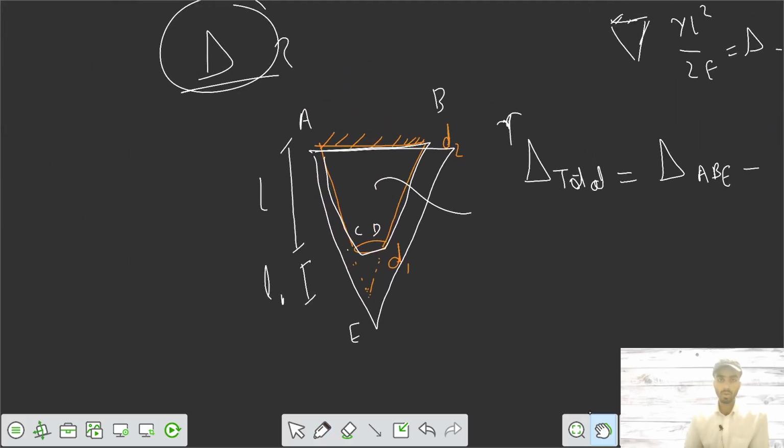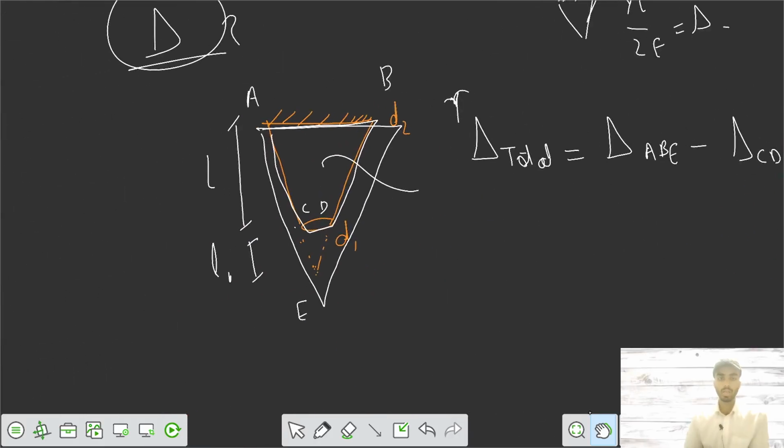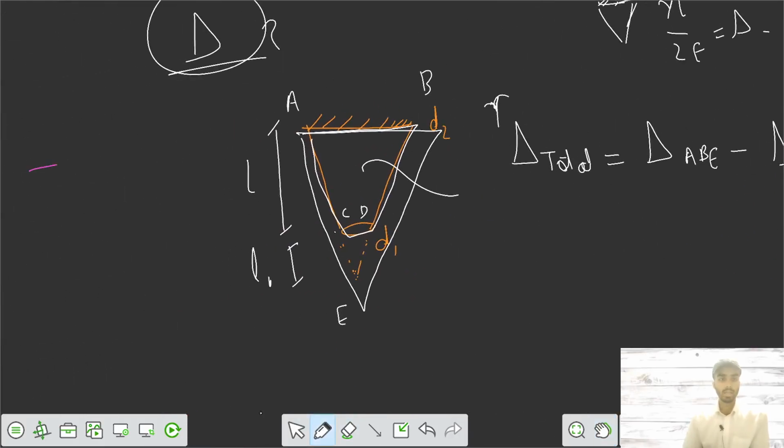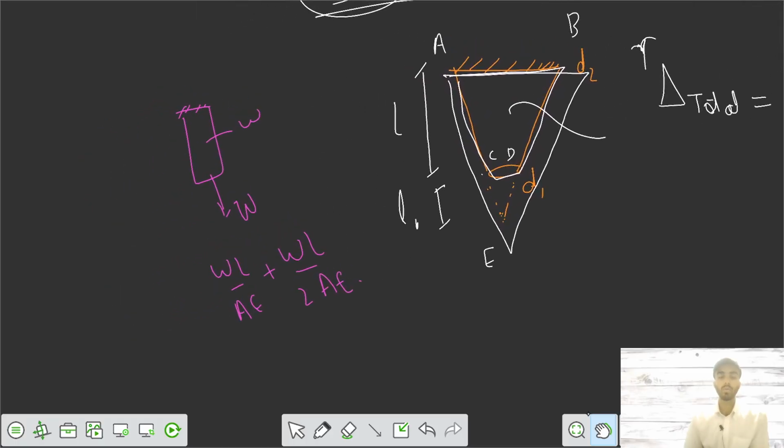We took one question earlier: a bar whose self weight is W, and you apply an external force W. The total deformation was WL by AE plus WL by 2AE, so you superimposed the two effects.